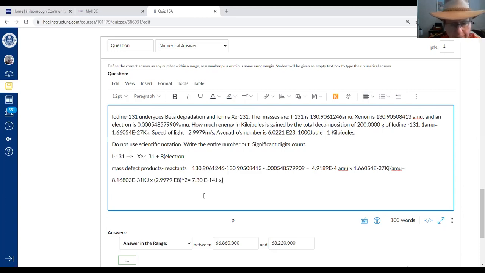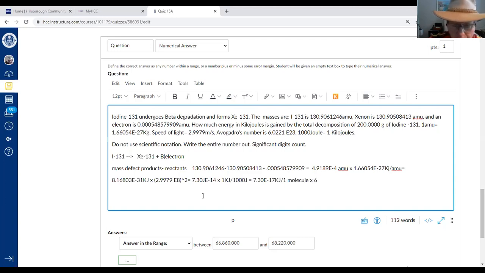I multiply that by 1 kilojoule per 1,000 joules, and this equals 7.30e-17 kilojoules per 1 molecule.